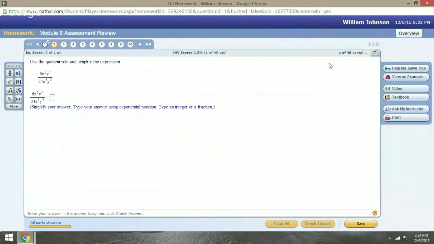So that just cancels out. And on top, y to the 7th divided by y to the 2 is y to the 5, over 4. So either 1/4 y to the 5th or y to the 5 over 4.